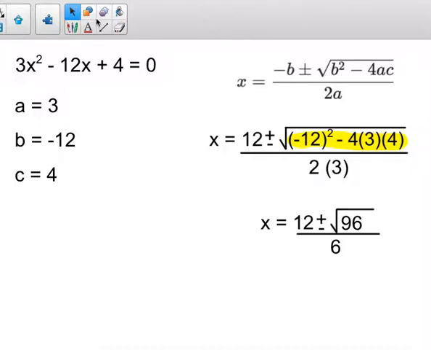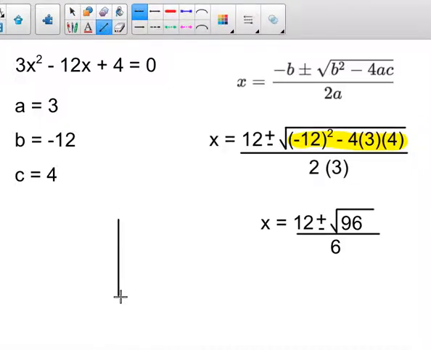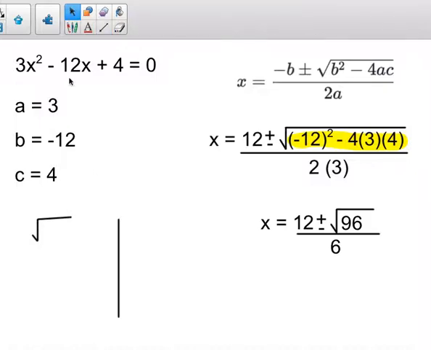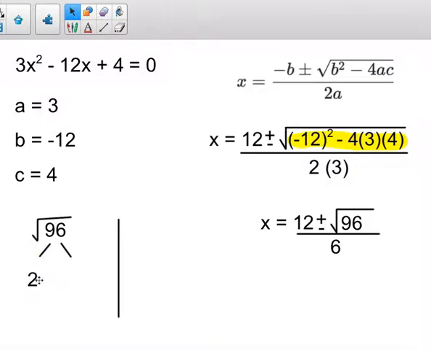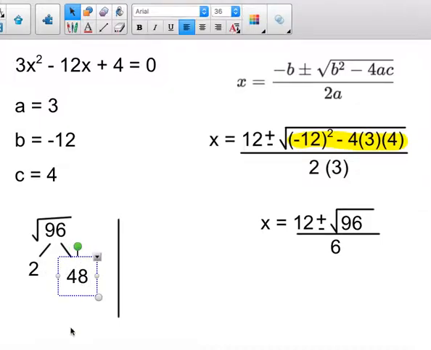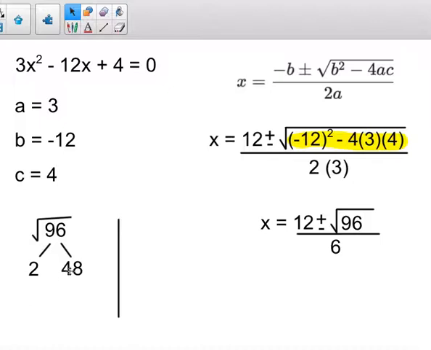So I'm going to take that radical 96 over here and we're going to do a little bit of side work with it, where we're going to break radical 96 down into its prime factors. So 96, well, I'm looking for two numbers that multiply to make 96. Right away I see that it's an even number, so an easy one to pull out is 2, and that's 2 times 48. 2 is prime, so this one is done here.